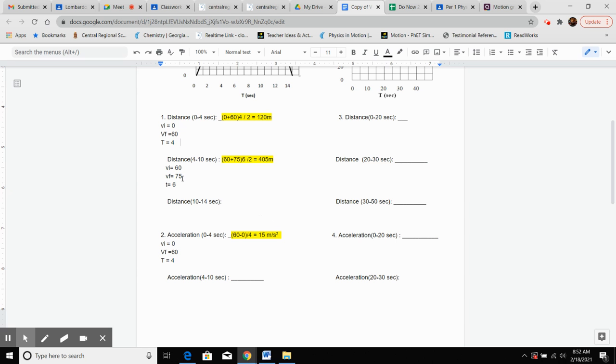Let's do the 4 to 10 second guy. Oh, crazy. That's great. We still have that same piece of information. Okay, we still have an initial velocity of 60, a final velocity of 75, and a time of 6 seconds.